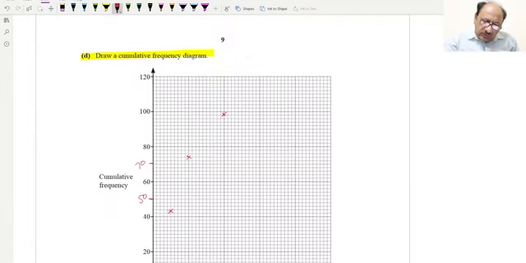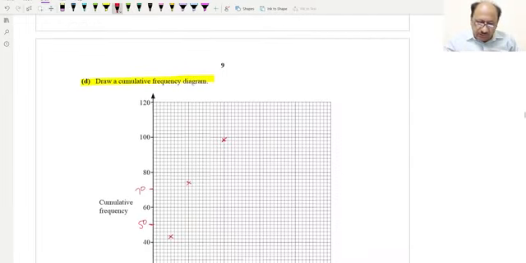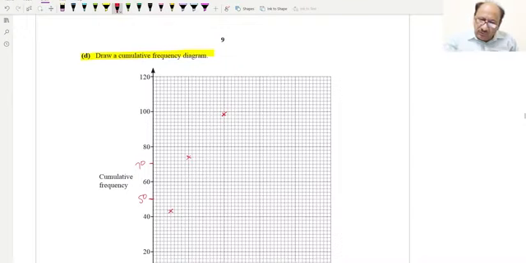99 is roughly over here, and then 500 is 120. 500, 120 will be this one. Now we have to draw a smoother curve.